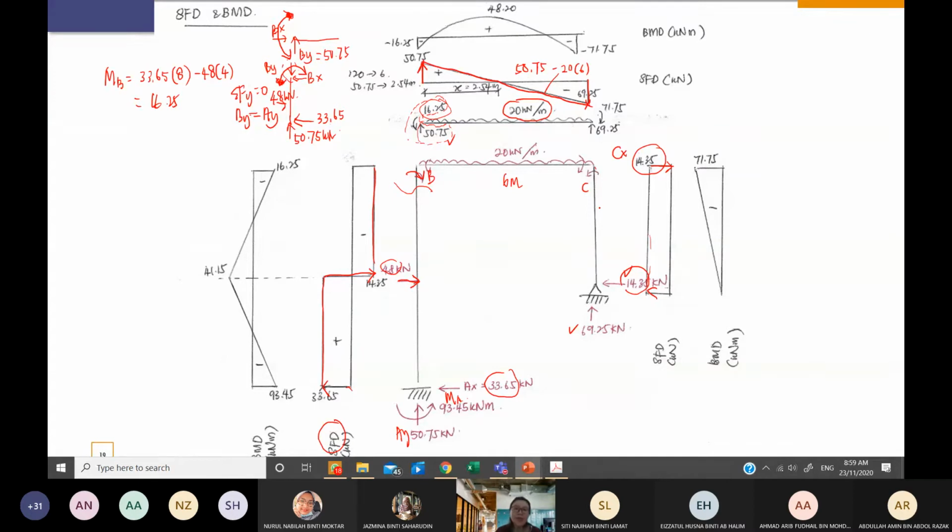And the bending moments can use the area method, or I would prefer the bending equation.